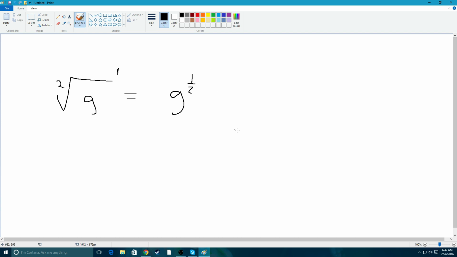Let's say you've got something along the lines of the square root of 4x. This one's really interesting. Because what we can do is we can break this up. This can turn into the square root of 4 times the square root of x.